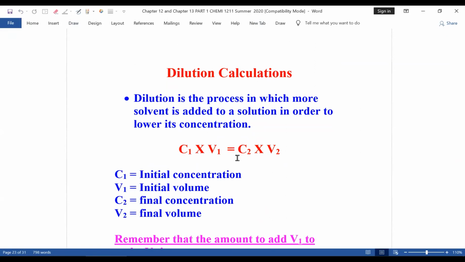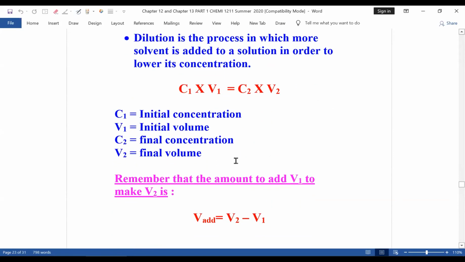But dilution is where you have a concentrated solution, you add some solvent, and you make it less concentrated. There's a formula here that you can use, and what you're usually trying to figure out is V add, how much you're trying to add to go from the lower volume V1 to the higher volume. This won't be on the test because I want to cover the following.